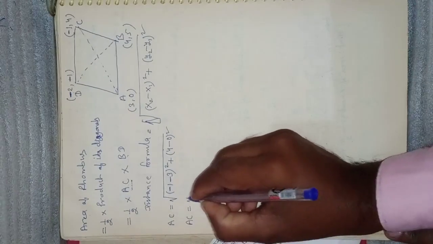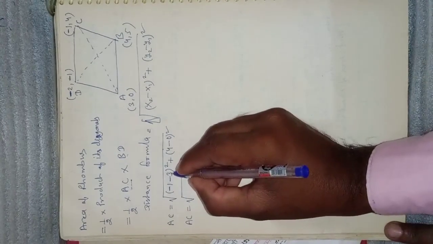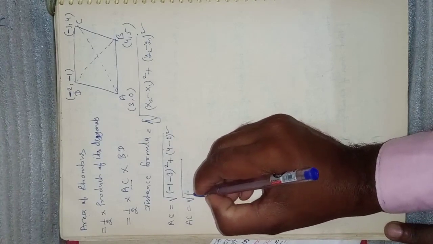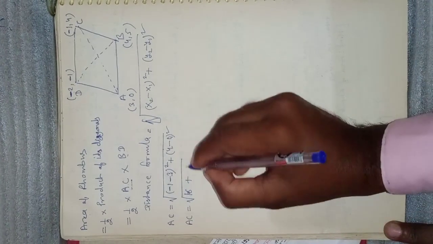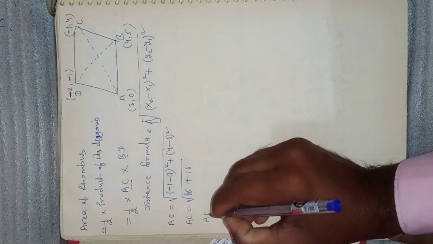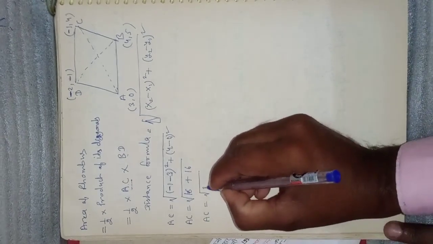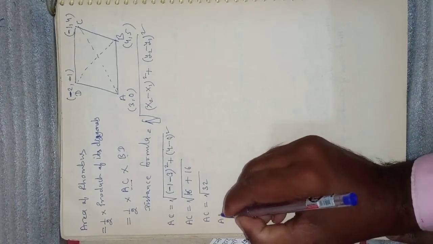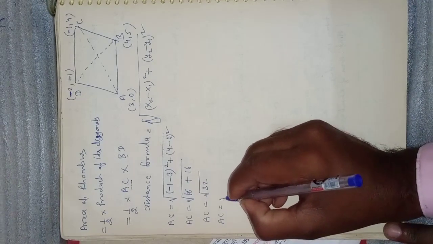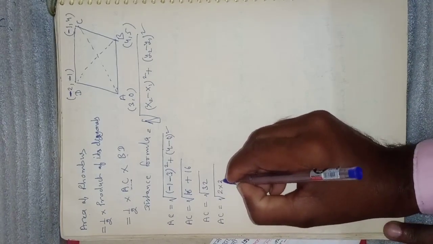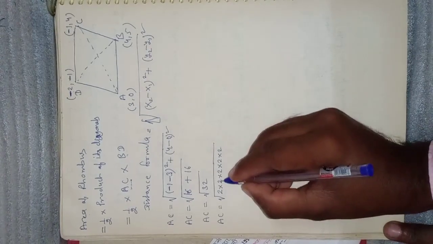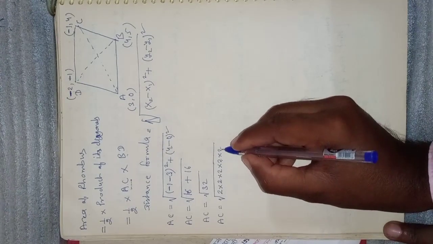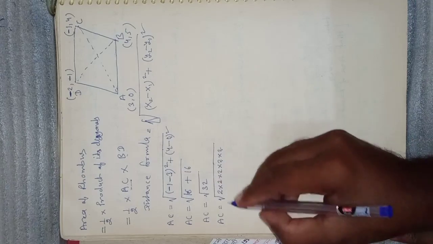AC is equal to root of (minus 1 minus 3) squared, which is 16, plus (4 minus 0) squared, and 4 square is 16. So AC is root 32. Do the factors of 32: 2, 4, 8, 16, 32.